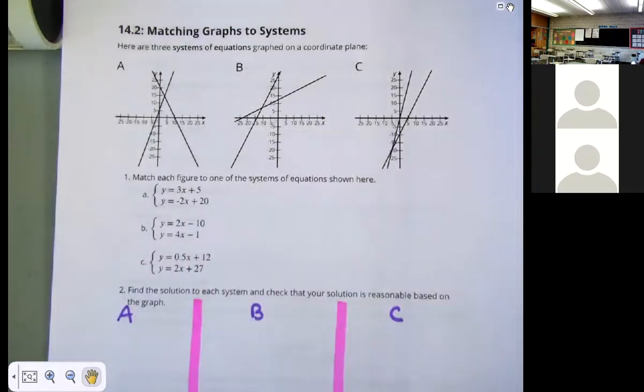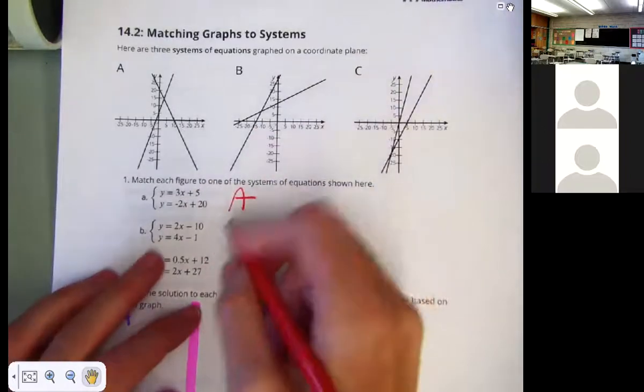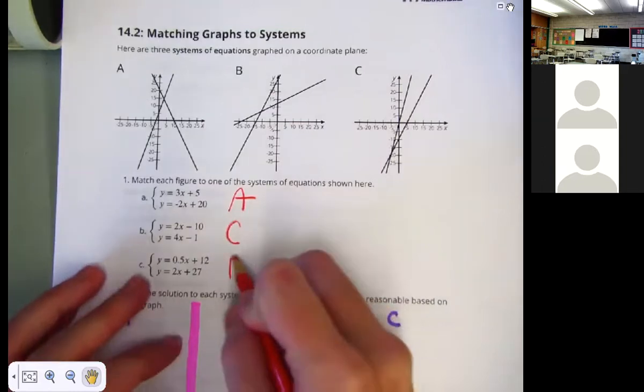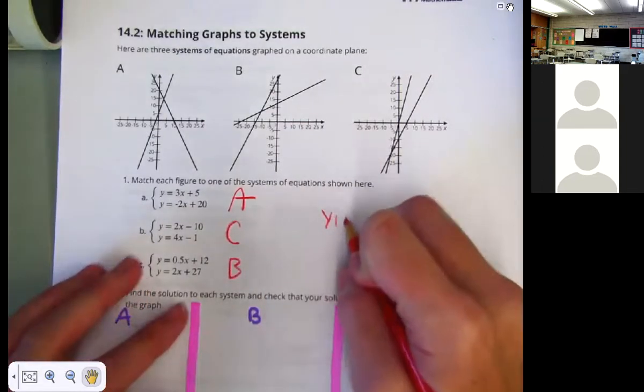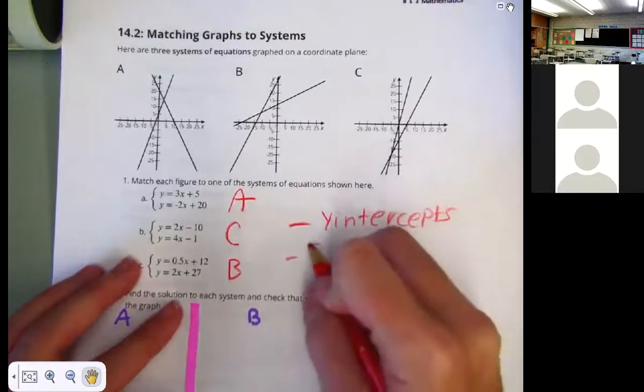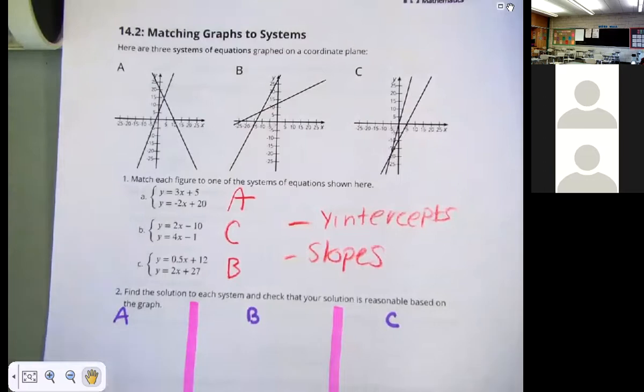So what we did here was we made these matches. We said A went with capital A, B went with capital C, C went with capital B. We used y-intercepts and slopes to make our distinctions there, to make our choices.